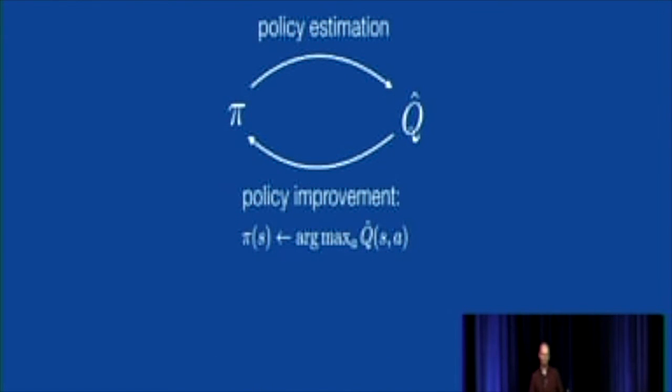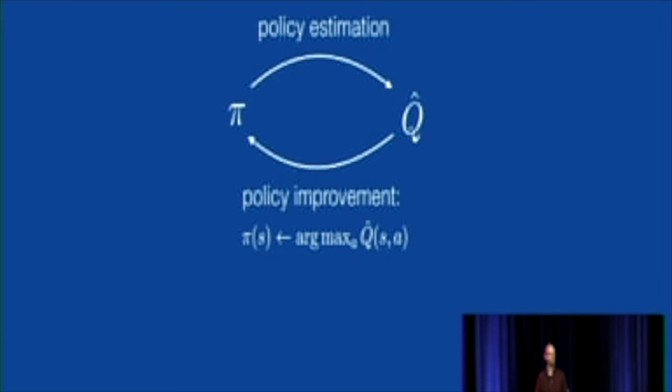And with that method, you can create a method to find an optimal policy in an iterative way by iterating between policy estimation and policy improvement, which works as follows. You start with a random policy, then determine the Q function for that policy, and then you can perform a policy improvement step, which means you can define an improved policy by taking in every state the action with the highest Q value.